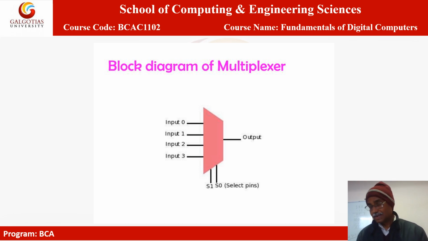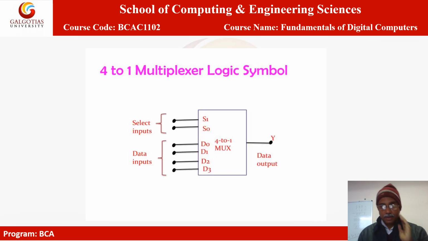These are also called select pins. So two pins are there for selection, S1 and S0. This is called the 4 to 1 multiplexer logic symbol. That is, input lines are 4 and output line is 1. That's why it is 4 to 1.